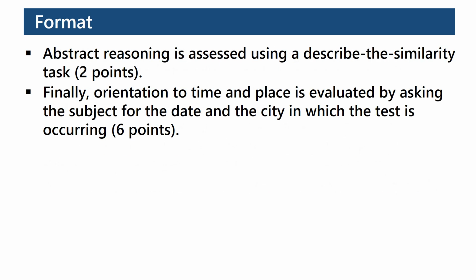Abstract reasoning is assessed using a describe-the-similarity task. Finally, orientation to time and place is evaluated by asking the subject for the date and the city in which the test is occurring.